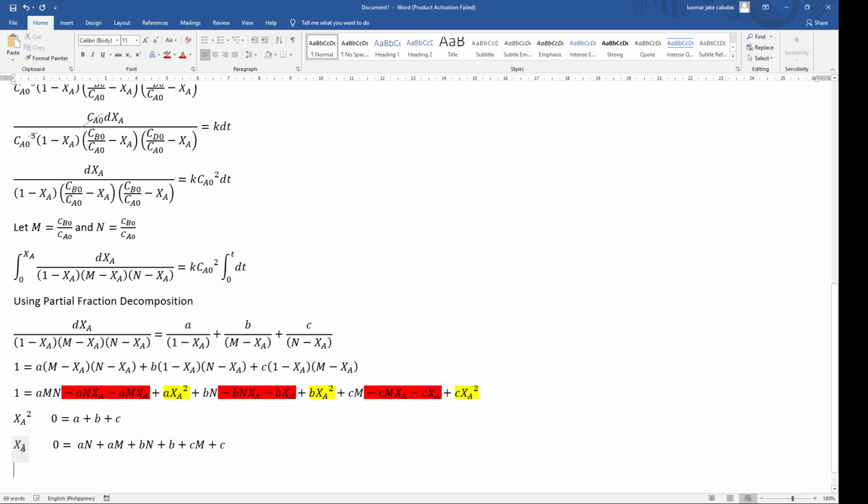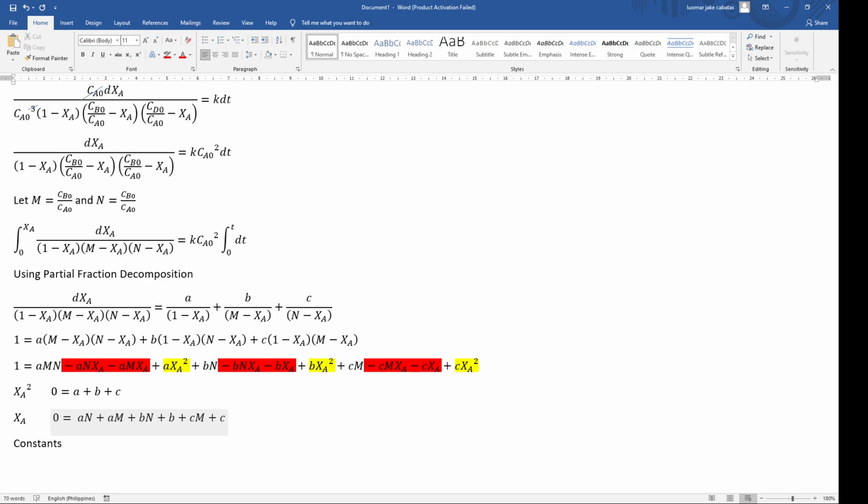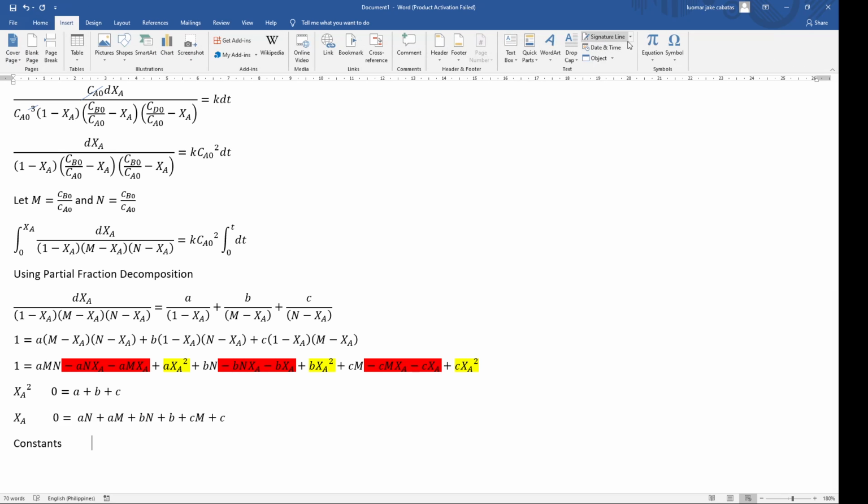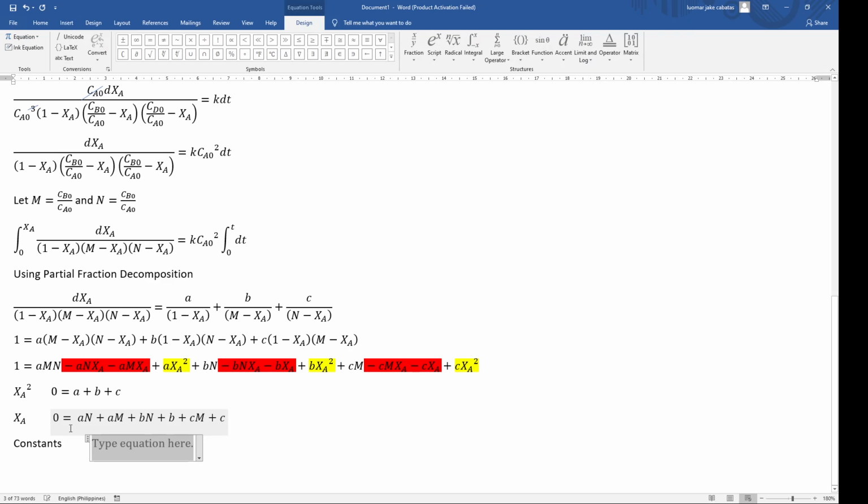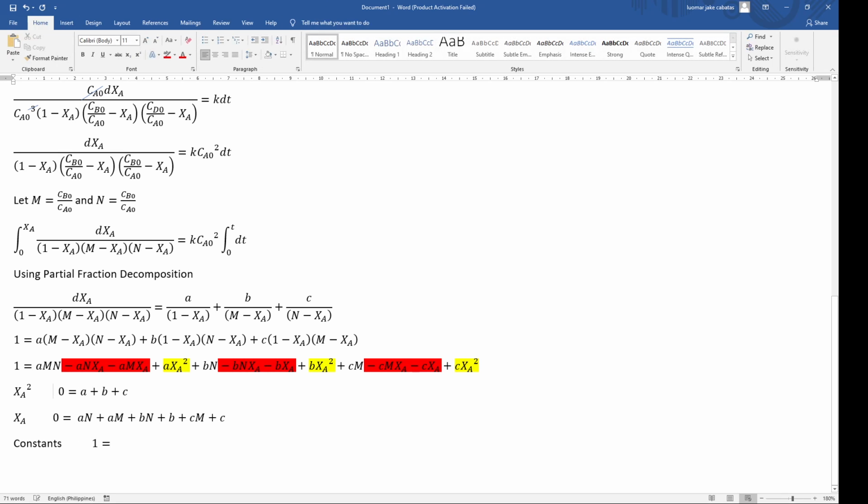Then lastly, for the constants, we have 1 is equal to, so we have this, into y.